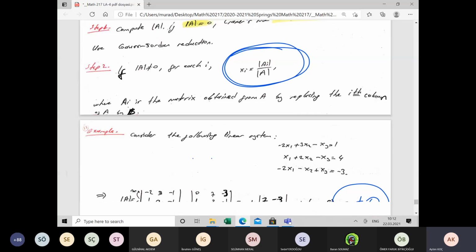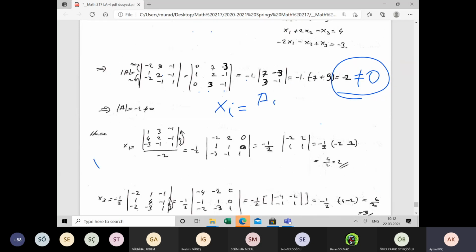So x1 and the formula: xi equals determinant of A sub i over determinant of A. What's A sub i? Look at the coefficient matrix, this one, and the index number i.